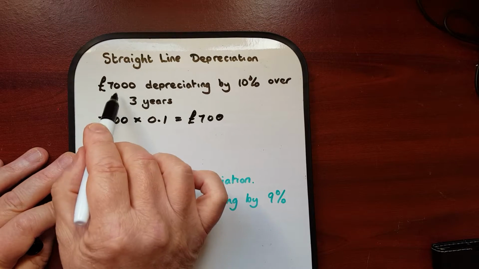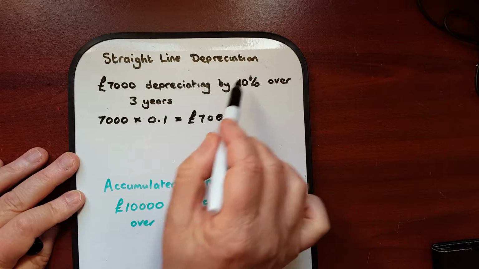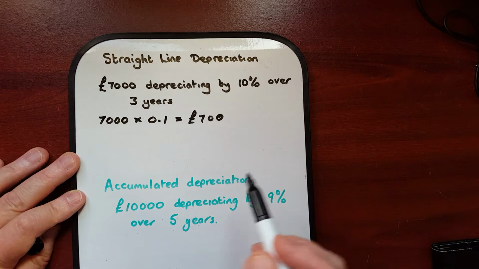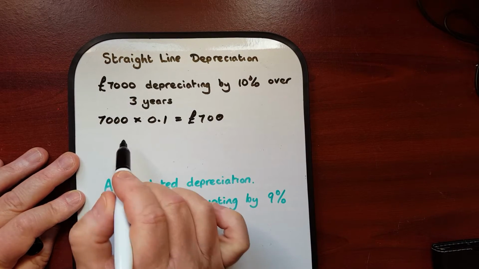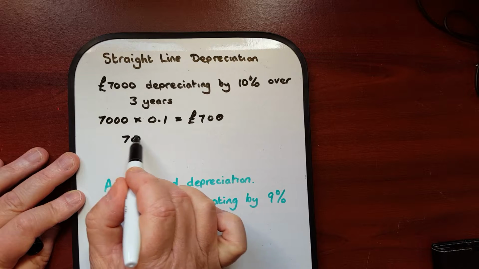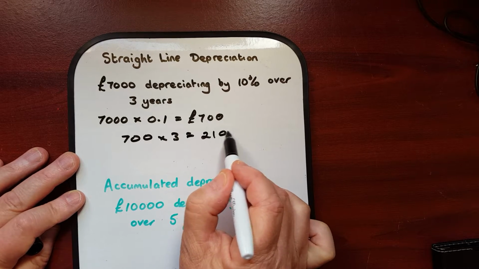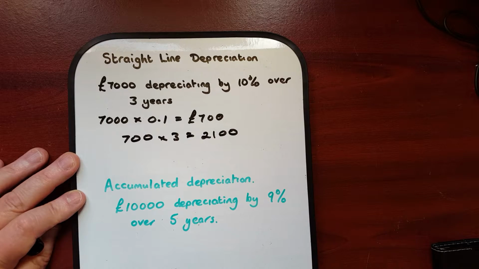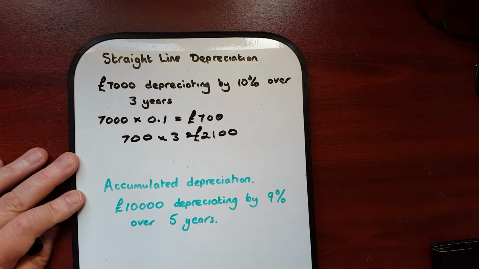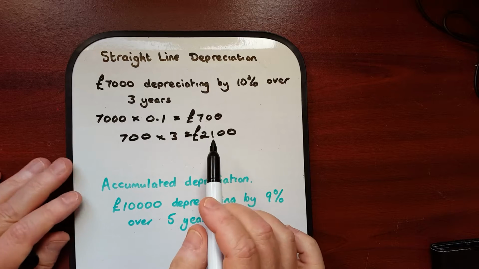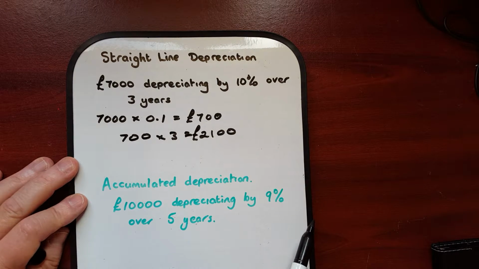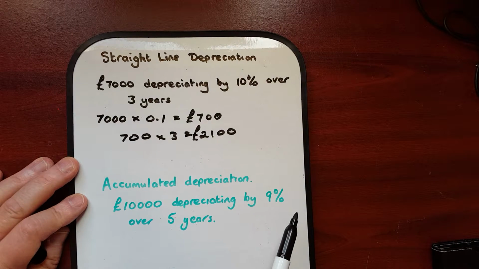We've used the original amount, the percentage, 0.1 is 10%, and now we need to use the term. So £700 times 3 years, 7 3s are 21, and so the car or the machine or whatever it was you bought would depreciate by £2,100. You'd lose that much money on it.